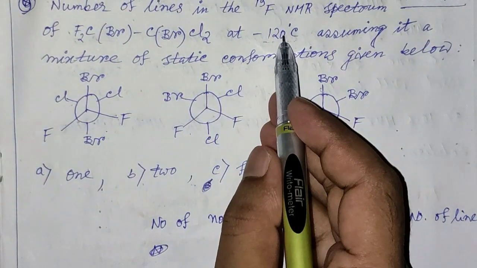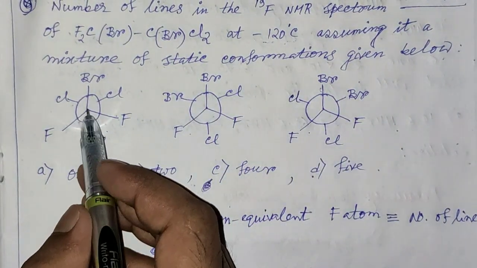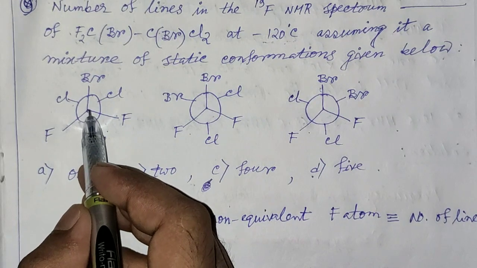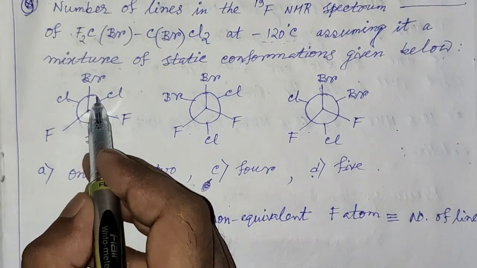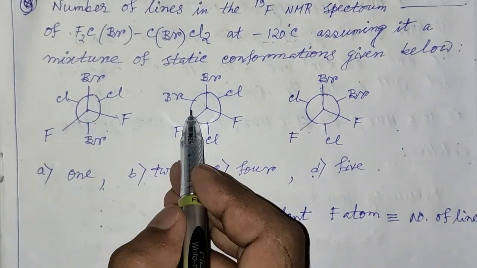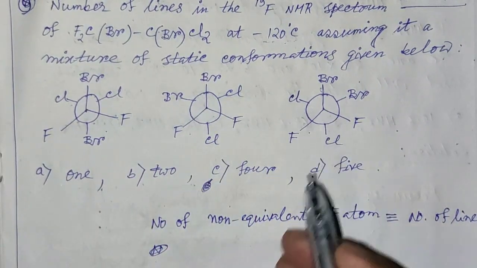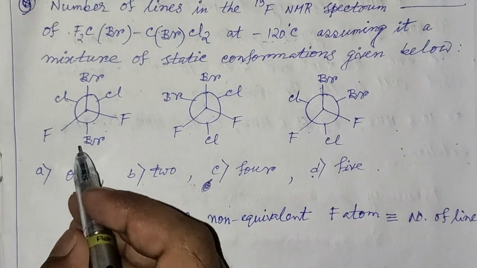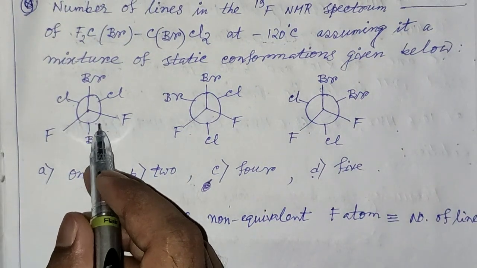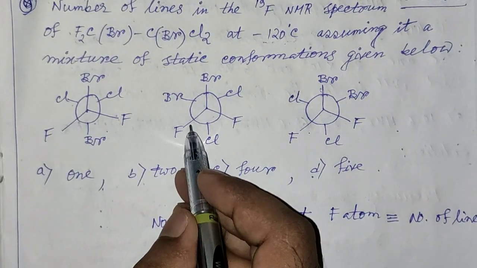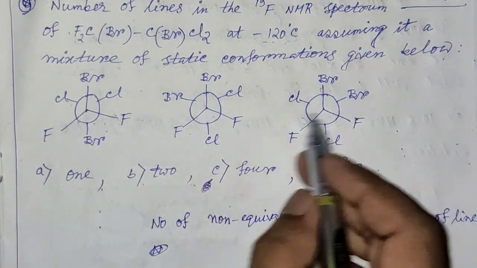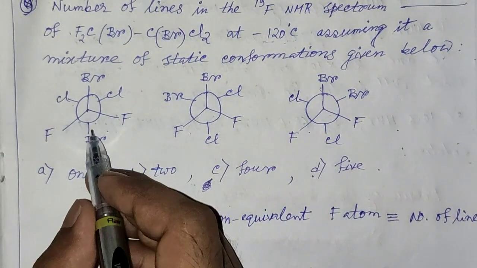Since the temperature is very low, it is sure that there is no rotation along the CC bond. So these 3 structures are locked in this orientation. Now we have to identify how many different fluorine atoms are present within these 3 structures.